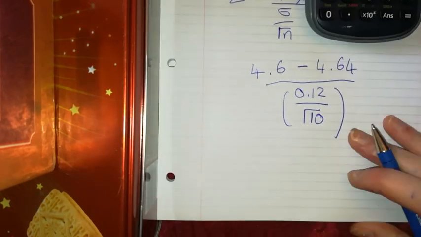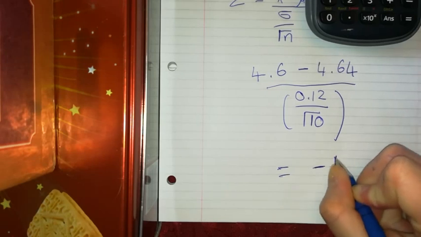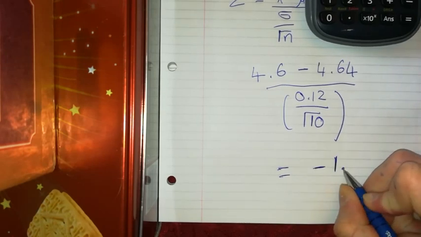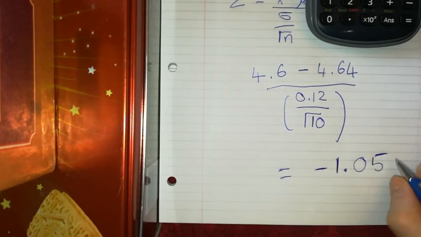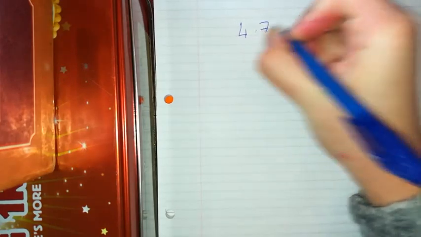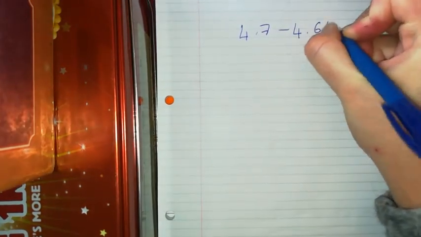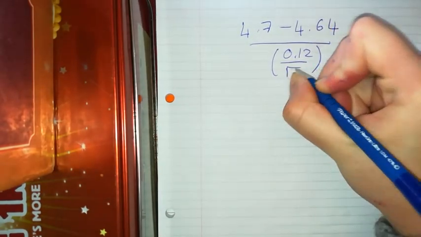So I get z is equal to minus 1.054, and now I'm going to plug in 4.7. So it'll be 4.7 minus 4.64 over 0.12 over the square root of 10.